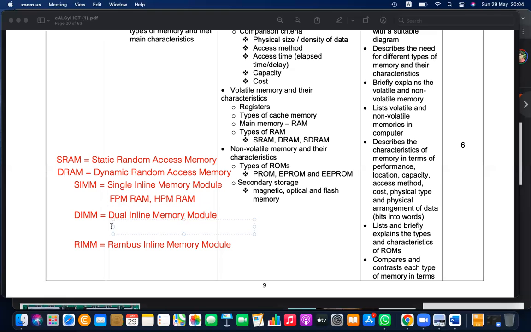In DIMM, you have two categories: synchronous dynamic random access memory, SDRAM, and another one, double data rate synchronous dynamic random access memory.